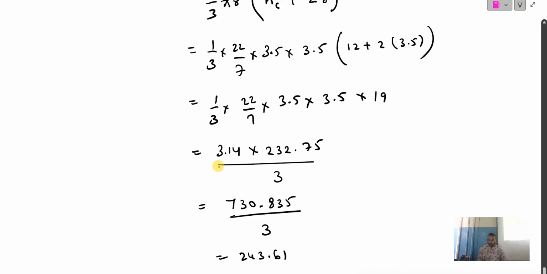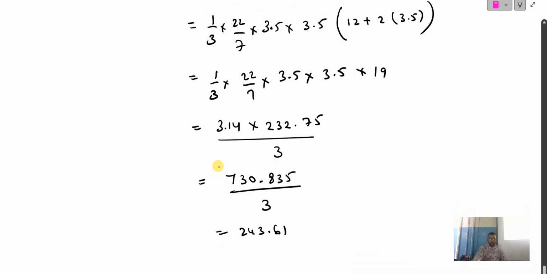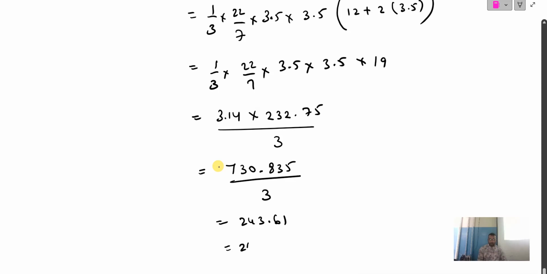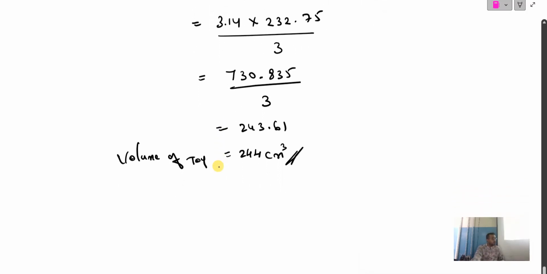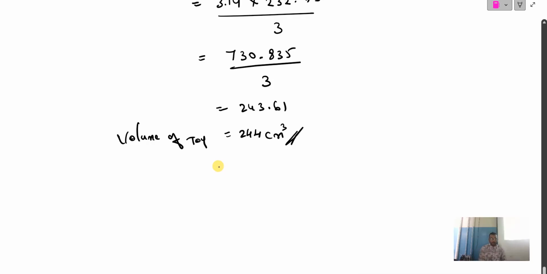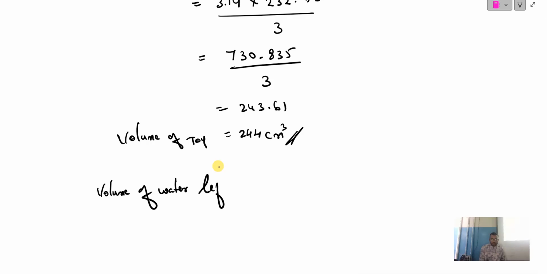So what is the volume of cylinder we got just now? 2387. 2387 minus 244 is 2143. 2143 centimeter cube. So this is the water left.